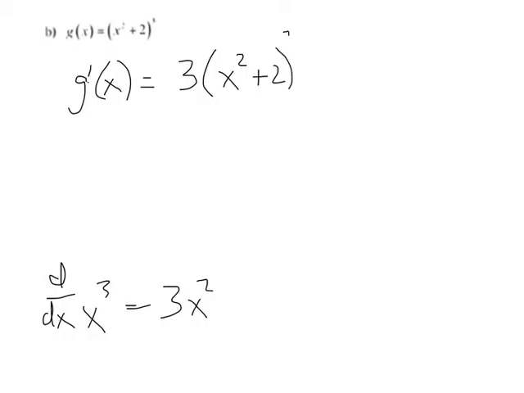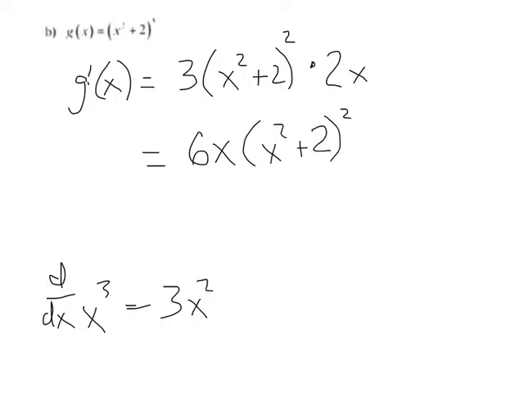That original power goes down by 1, and then at the end we multiply by the derivative of the inside function. The derivative of x squared plus 2 is 2x. And again, I'm going to simplify a few things here, not as messy this time, but just to get in the habit, we'd have 6x times x squared plus 2, and just that last part is being squared. So this would be a good final answer.